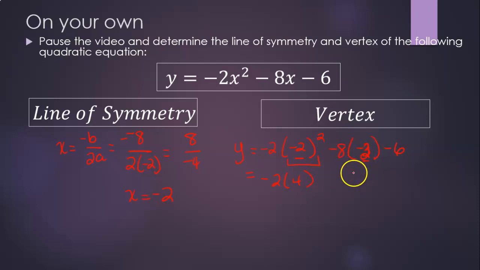Then negative 8 times negative 2 is positive 16, and then we just bring down the minus 6. Then that's negative 8 plus 16 minus 6, and then all we have left is addition and subtraction in order from left to right. Negative 8 plus 16 is 8, 8 minus 6 is 2. So my vertex is at negative 2, 2.